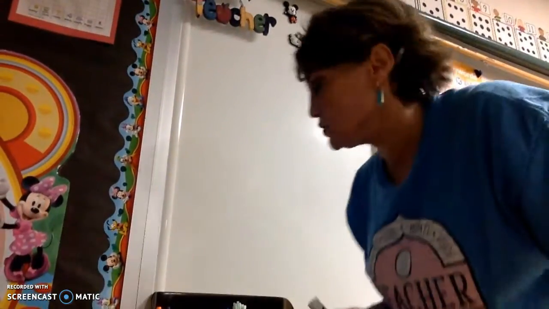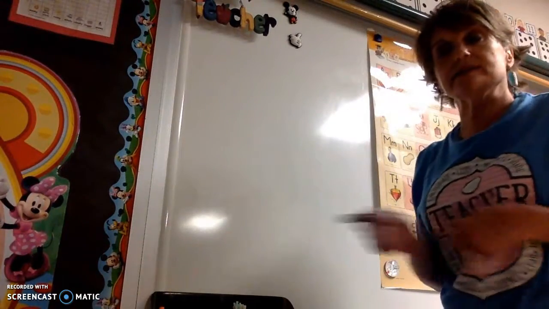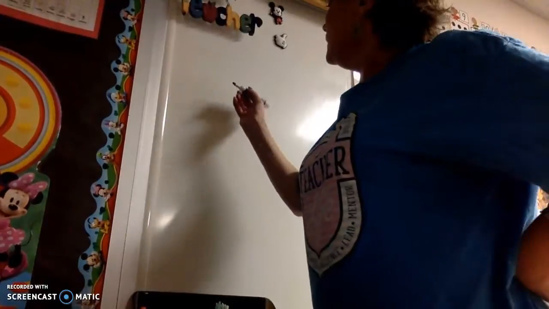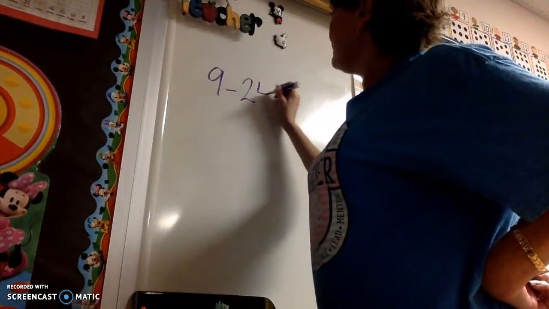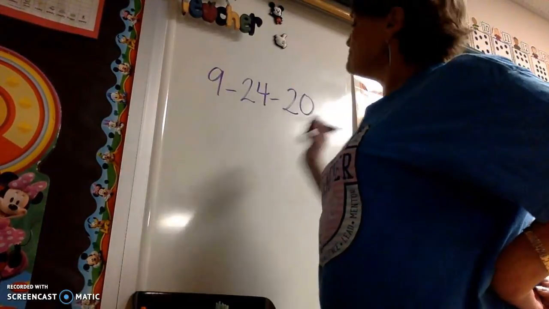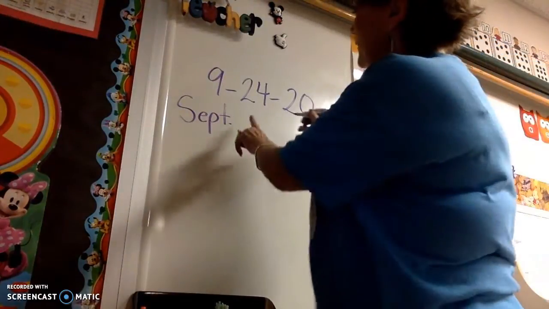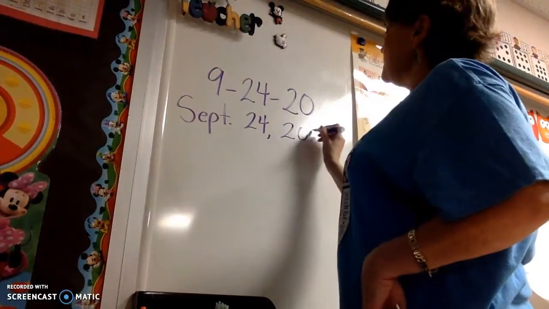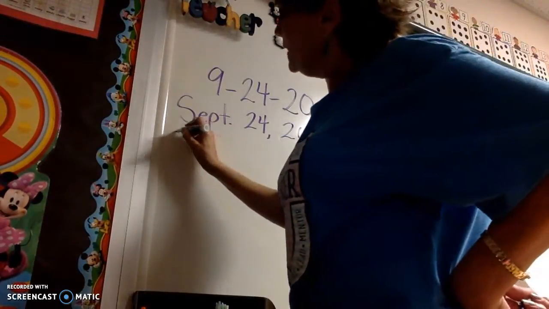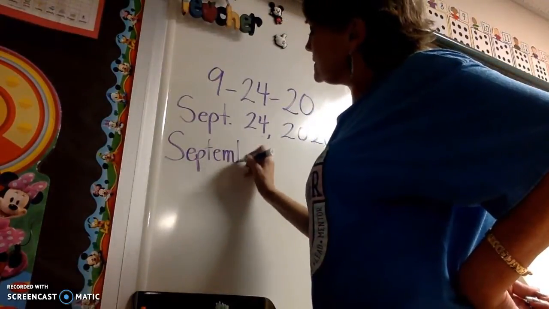Okay, so let's write. We're going to use purple today. September is the 9th month. 9-24-20, or the abbreviation is September period 24, 2020, or September is a long month name, isn't it?